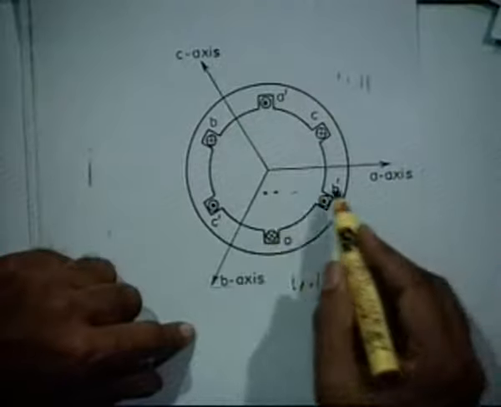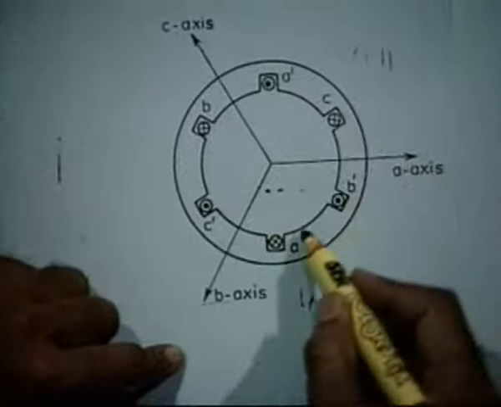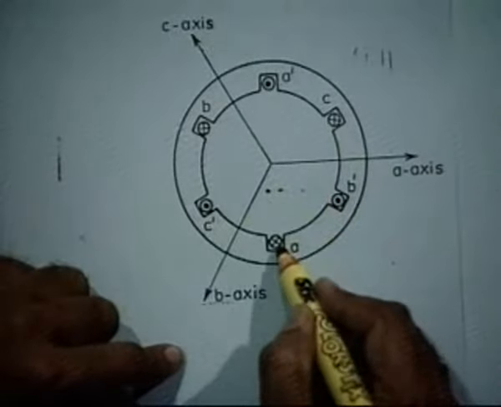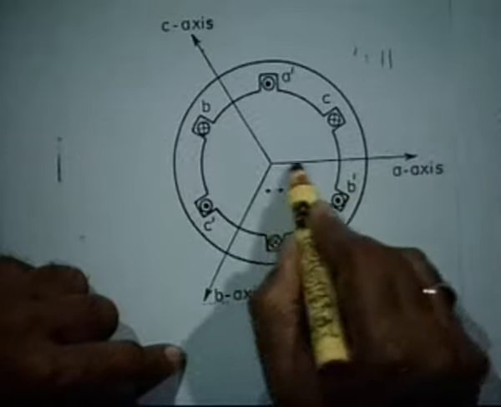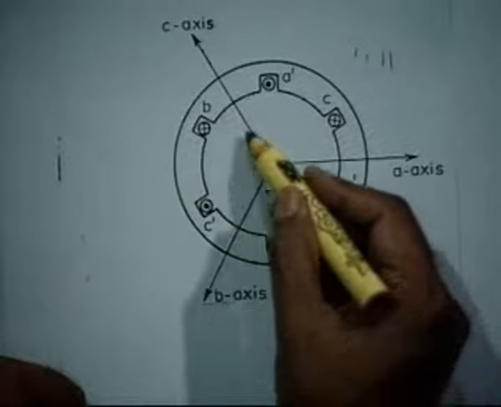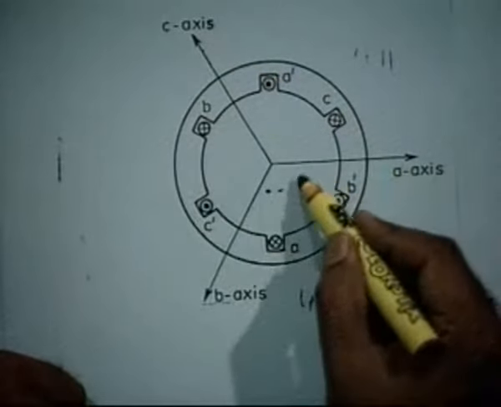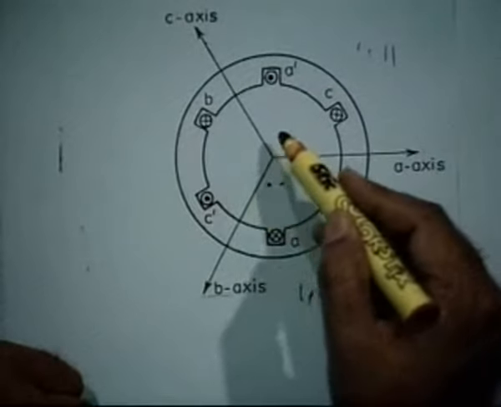If you look at the picture, the armature has three windings: A winding, B winding and C winding. When a current passes through the A winding, it will produce flux in the A axis. This is the axis of A winding, this is the axis of B winding, and this is the axis of C winding. The B winding lags the A winding by 120 degrees, and the C winding lags the B winding by 120 degrees.